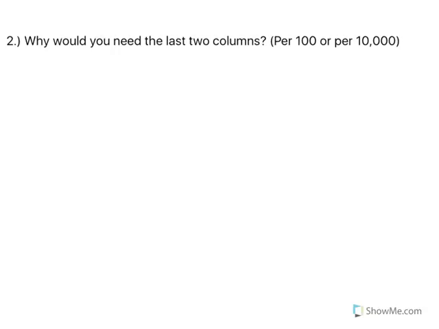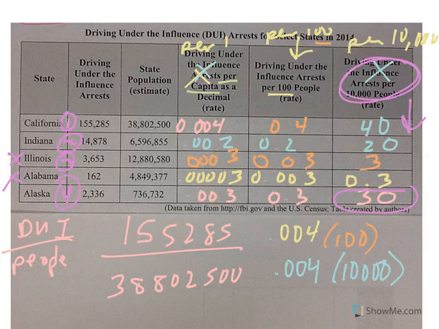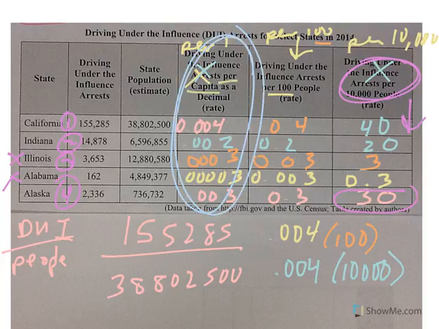Now, why do we need the last 2 columns? This is kind of an opinion question, but if you're looking at only the per 1 column, it's very hard to conceive those numbers and how small they are. Even with the per 100, you're still dealing with small decimals. It's very difficult.